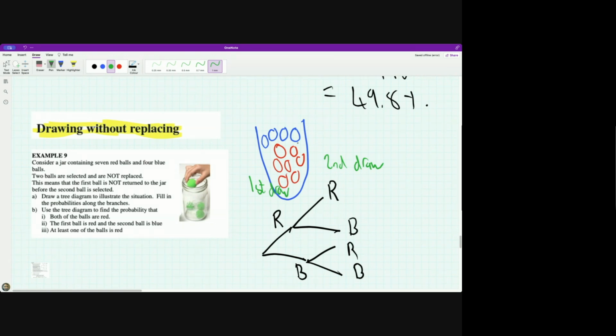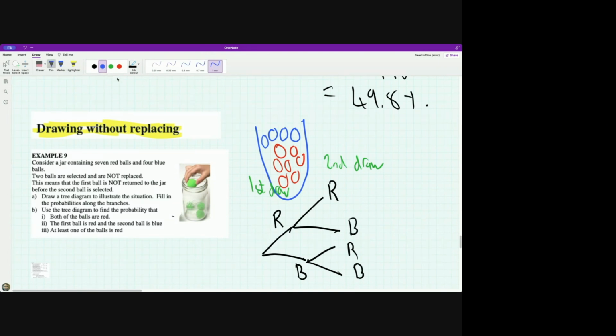Okay, now, when we start, I want to ask you, what is the probability that I'm going to put on this branch over here? What is the chance of getting red on the first draw? So in total, there are 4 plus 7, which is 11.